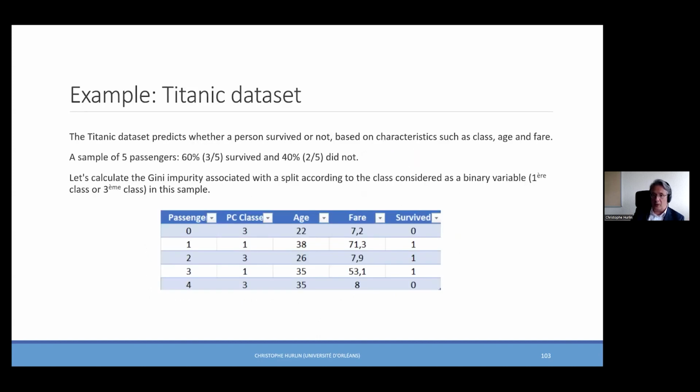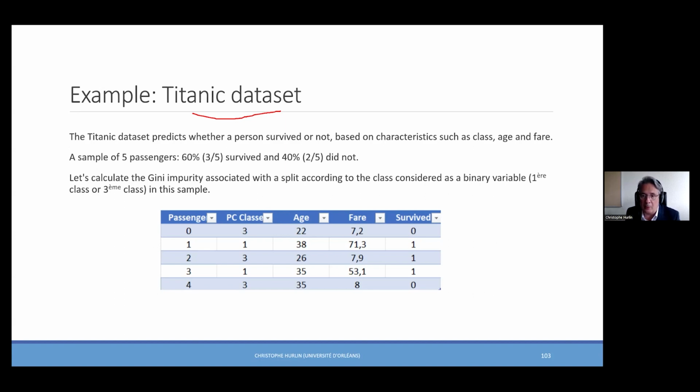So let me illustrate with the Titanic dataset, a subset of the Titanic dataset. The Titanic dataset is a famous dataset that is used in machine learning, in which we try to predict who survived and who did not survive on the Titanic after it sank.